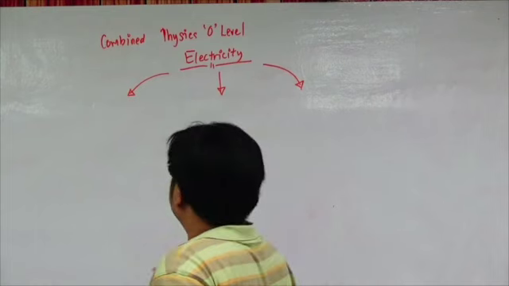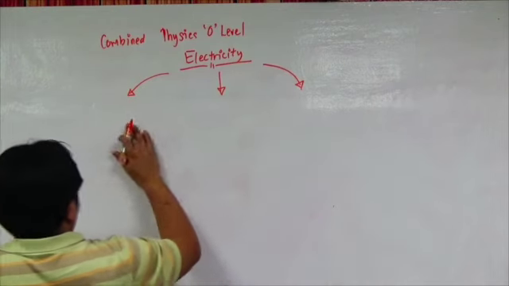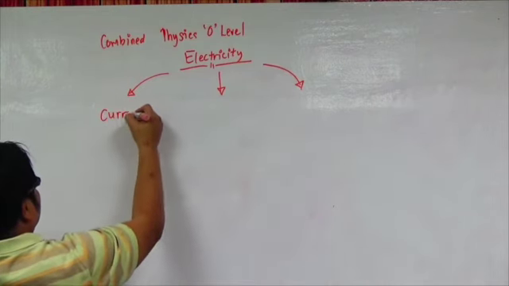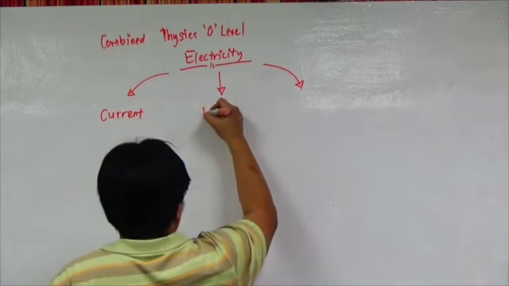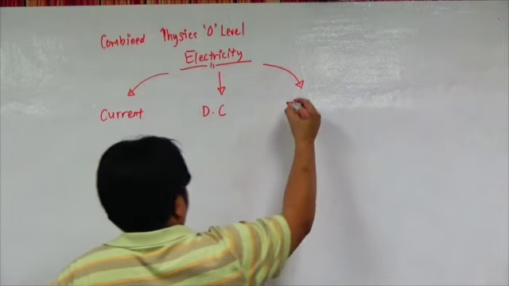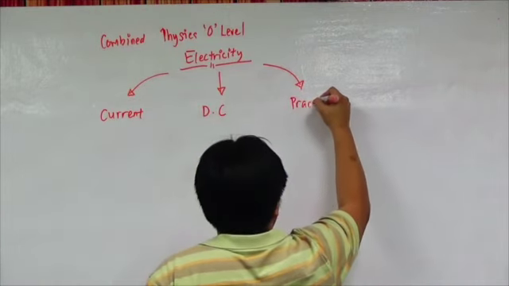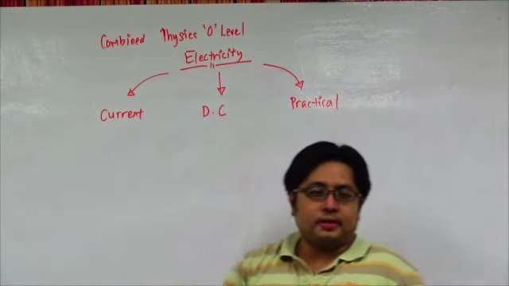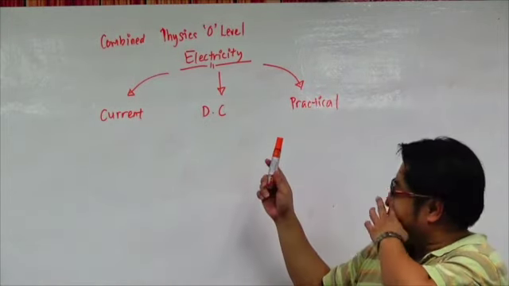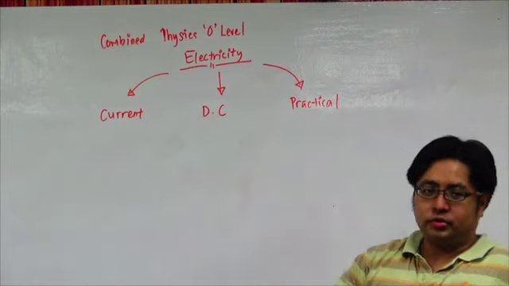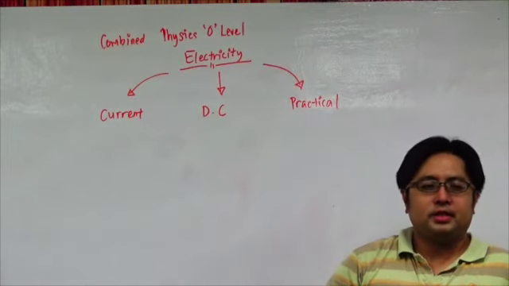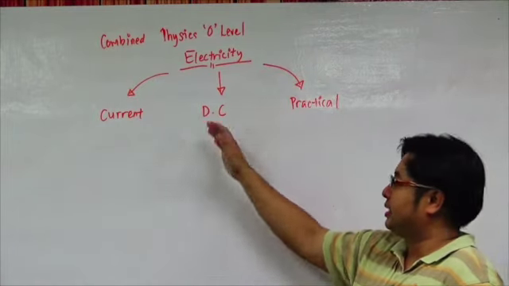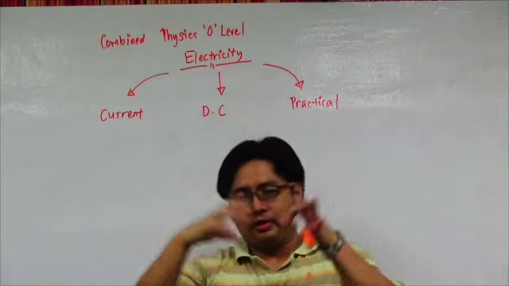Under combined physics, you only need to learn current, DC, and practical. So under the syllabus, these are divided into 3 individual topics. Basically, under electricity we need to study 3 chapters, then only we can wrap it up.